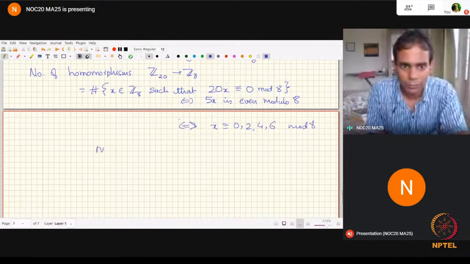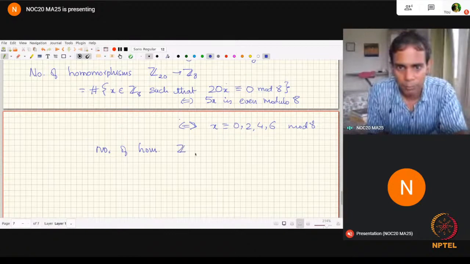So the number of homomorphisms from Z mod 20 to Z mod 8 is 4.